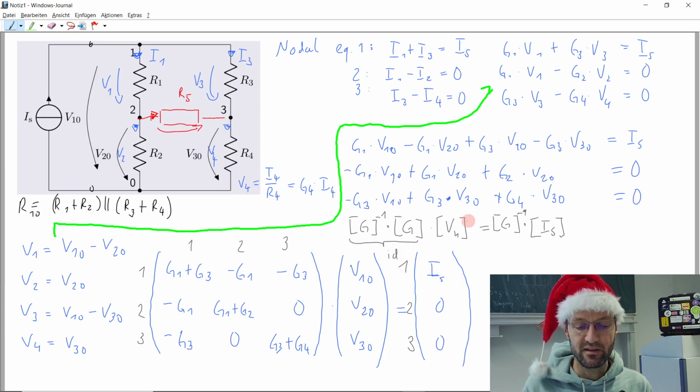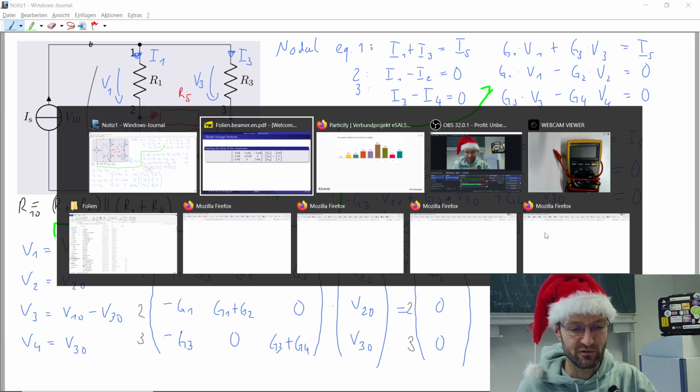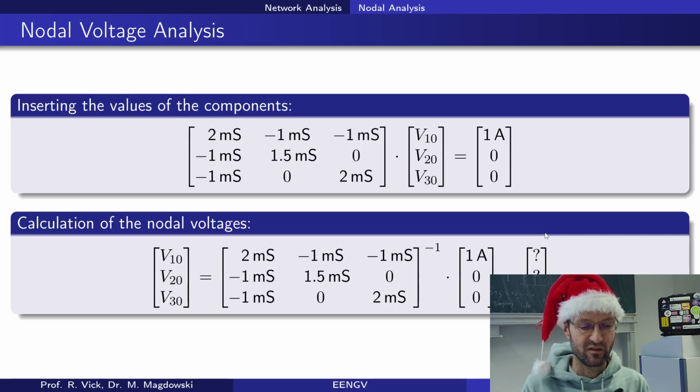And the identity matrix multiplied with the vector is the vector itself. So we can skip this here. This will just be the vector, and the vector is the inverse of the matrix multiplied with the source term. This is how we solve this system of equations. And this is also what is written in my slides. So we get the nodal voltages if we take the inverse of the matrix and multiply it with the source vector, and then we should get a result at the end.